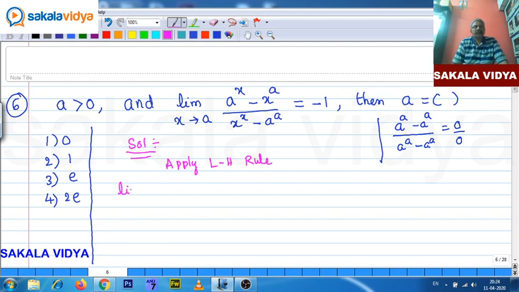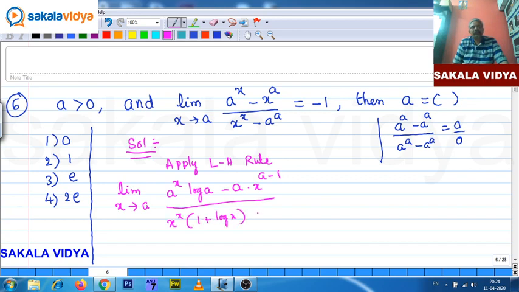Here limit x approaches a, the derivative of a power x is a power x log a, that is base e only. The derivative of x power a is a into x to the power of a minus 1, and upon, the derivative of x to the power of x is x to the power of x into 1 plus log x, and minus a to the power of a is a constant, 0.